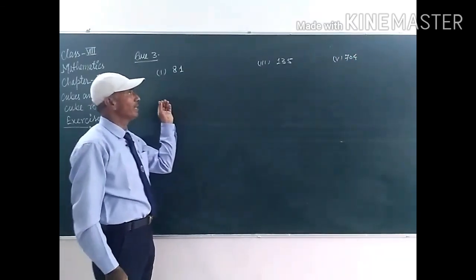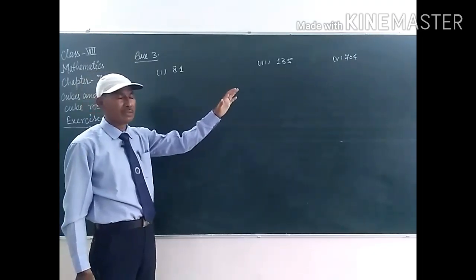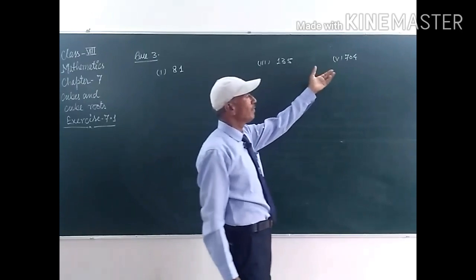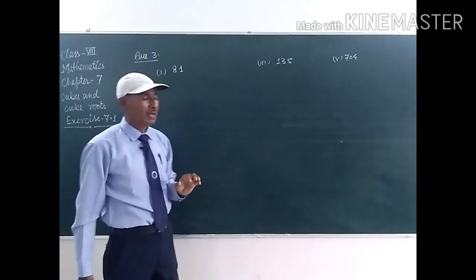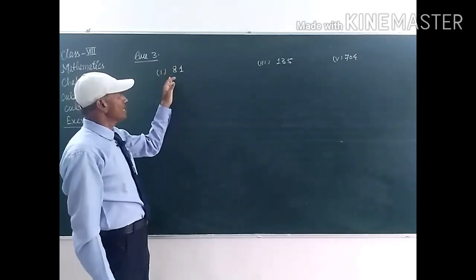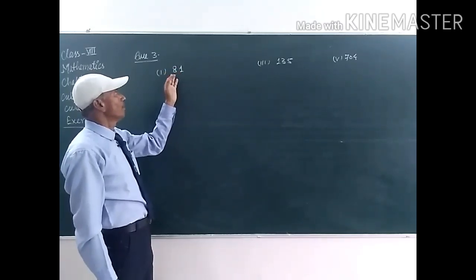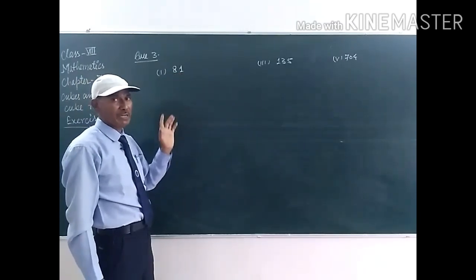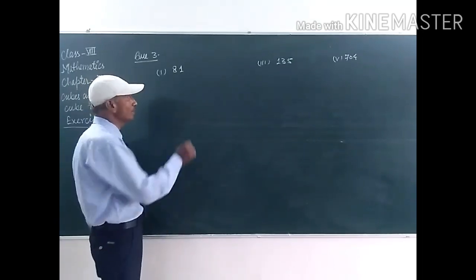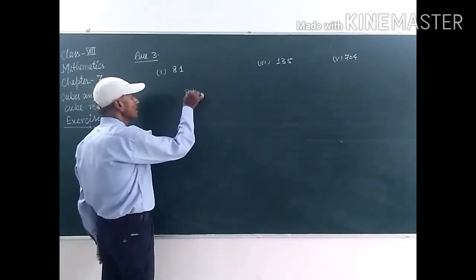Student, we have taken here 3 parts only: the first part, the third part, and the fifth part of the question. First of all we will find the smallest number by which we must divide 81 to make it a perfect cube. So, first we will find the prime factors of 81.